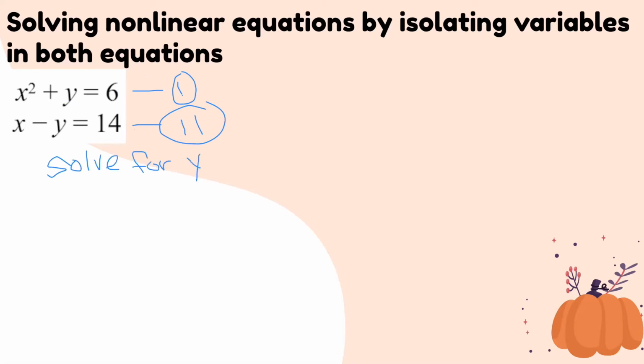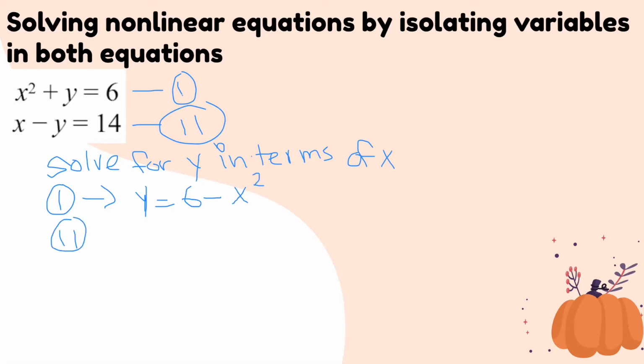If I'm trying to solve for y in terms of x for equation 1, I should get y is equal to 6 minus x squared. And for equation 2, I should be able to get y is equal to x minus 14.